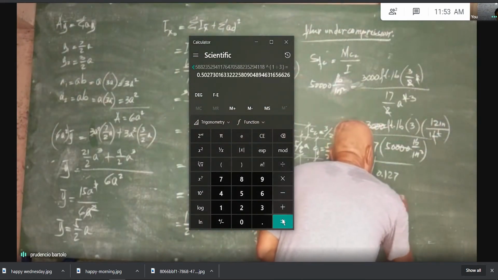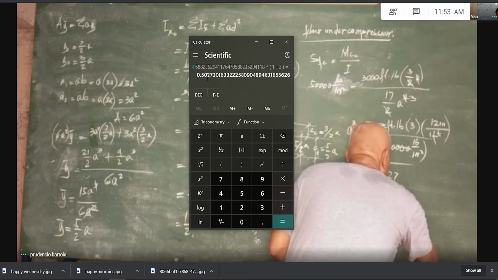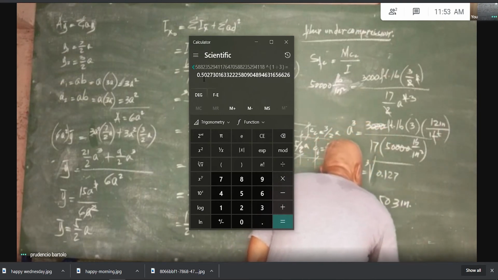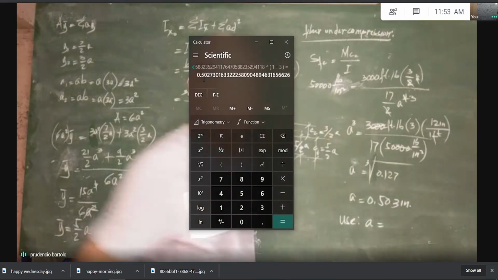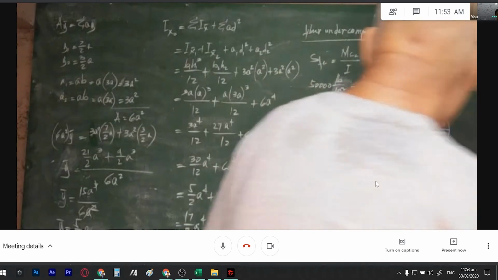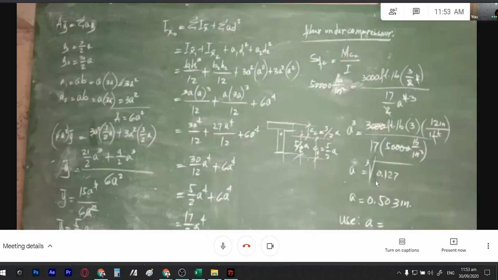Zero point 503. Again, that is 0.503. That is within the range.